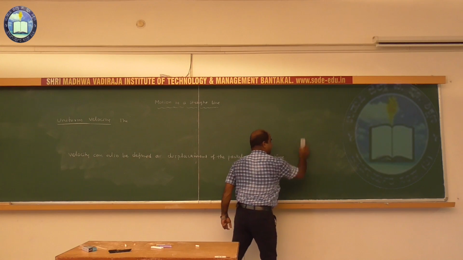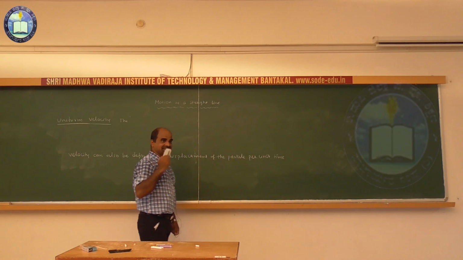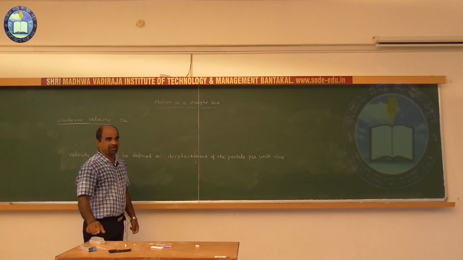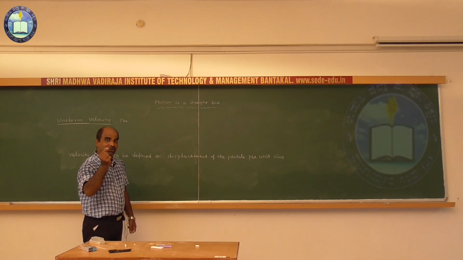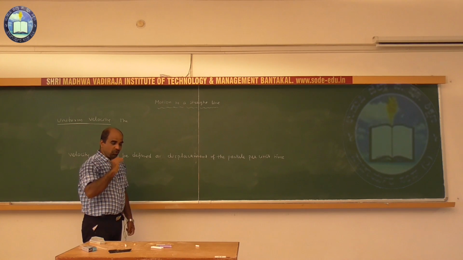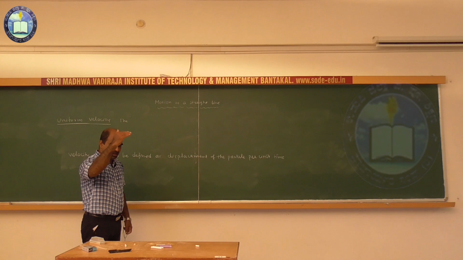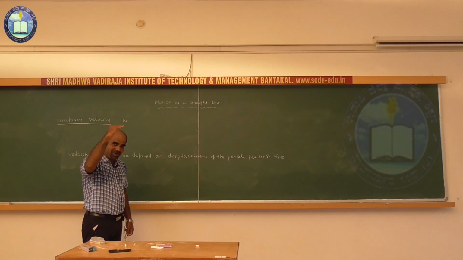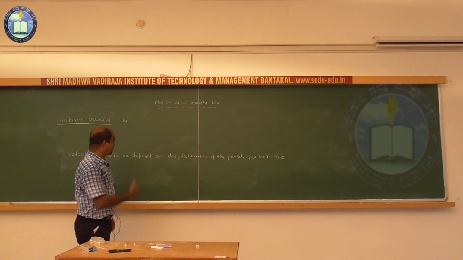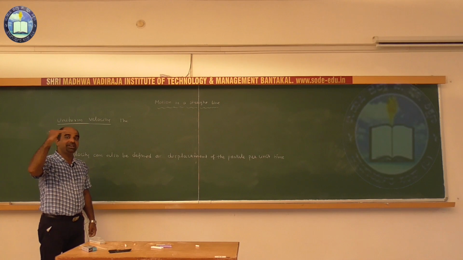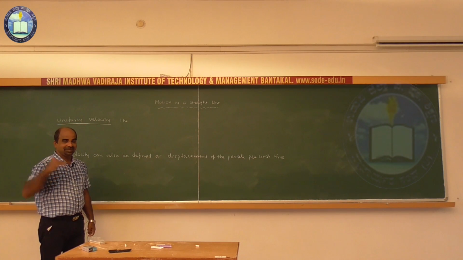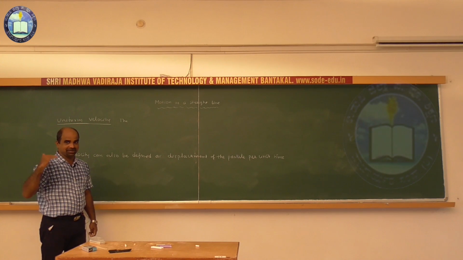We know if a body covers equal distances in equal intervals of time, then speed is said to be uniform. Speed is distance traveled by time taken. What about velocity? Displacement by time taken.